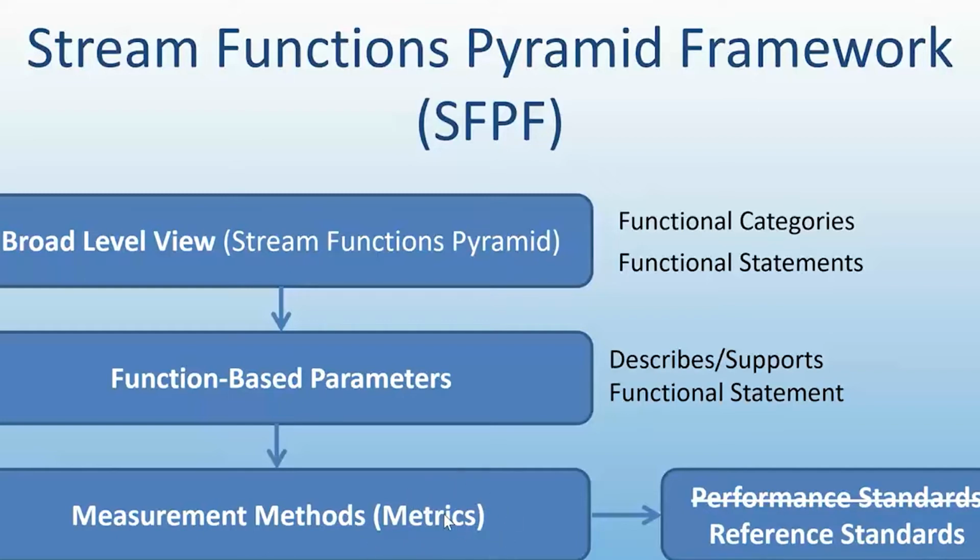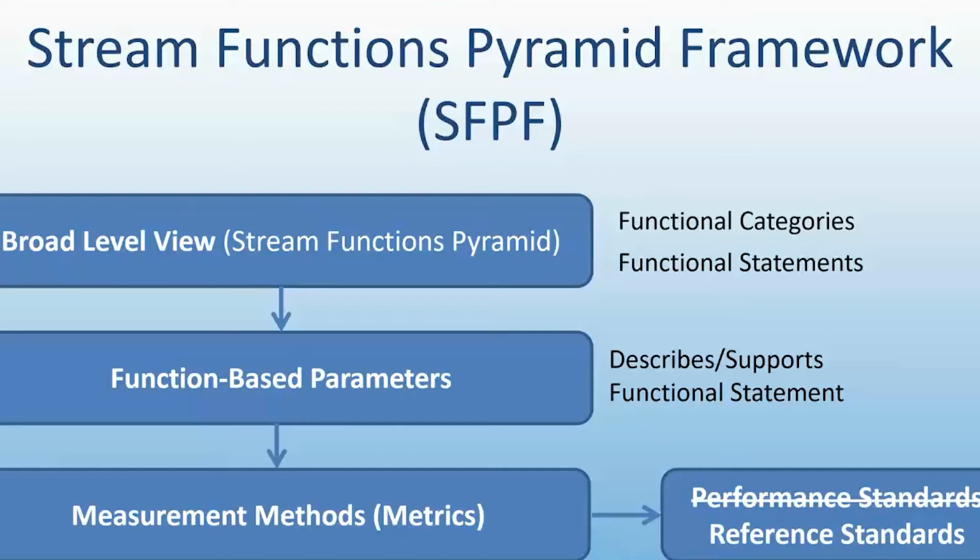Metrics are tied to parameters. Parameters help us understand that functional statement, and metrics are quantifying the parameter. And then we have in the original document what we called performance standards. Now we're changing that to reference standards, and then we put these into buckets of functioning, functioning at risk, or not functioning. I will go over this in detail.